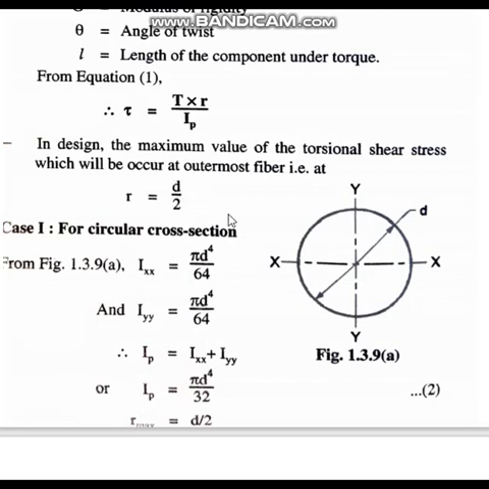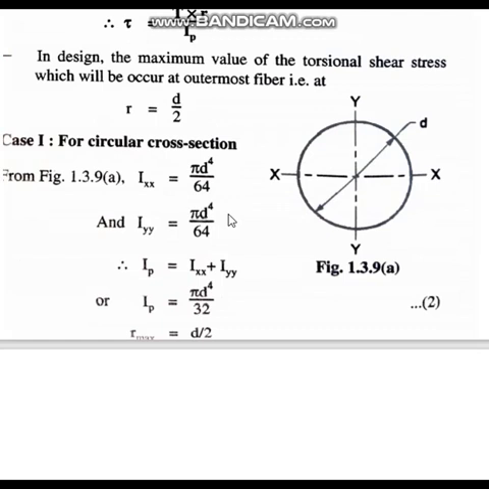So let us see for the circular section. For the circular section, we have Ixx is pi d to the power 4 upon 64, Iyy is pi d to the power 4 upon 64, and the polar moment of inertia is the addition of these two, that is Ixx plus Iyy.